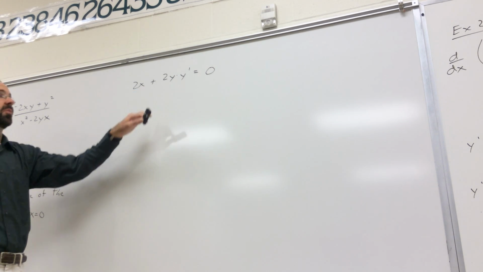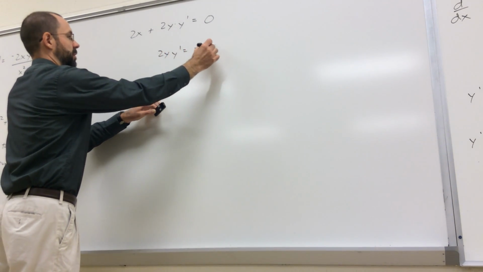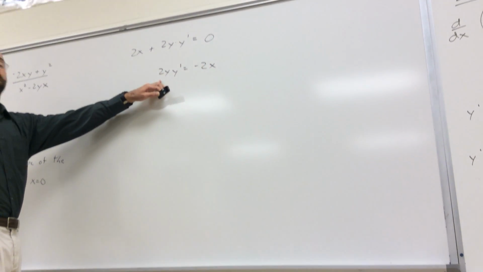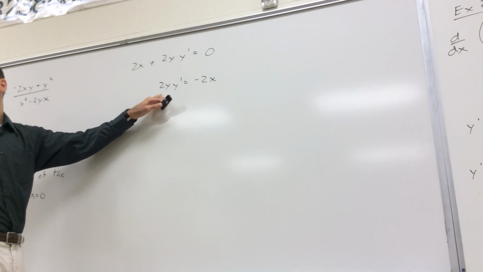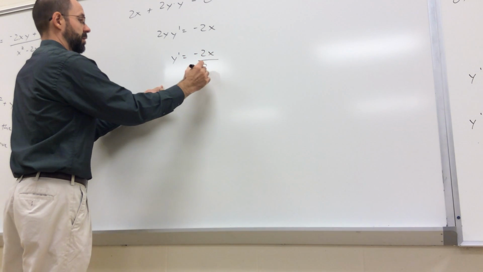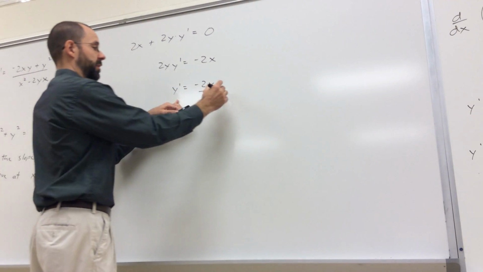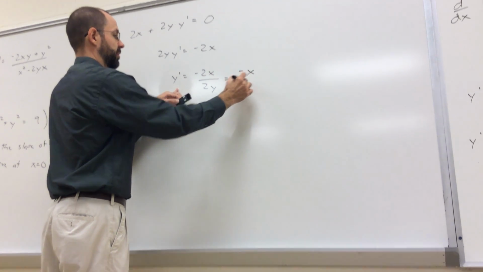So then you subtract the 2x to the other side, and divide the 2y to the other side. And then the 2's cancel, and you get negative x over y.